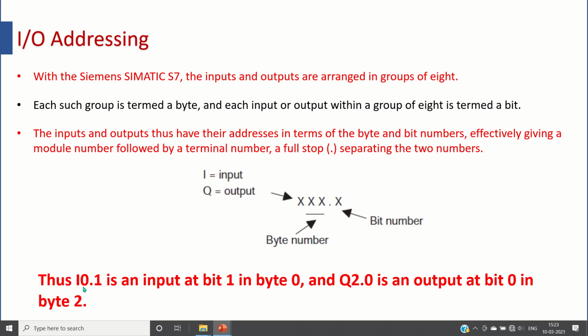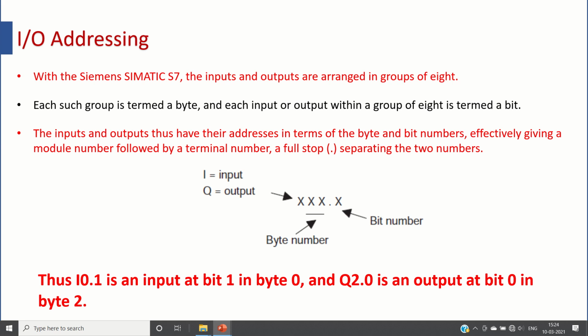If I take I 0.1, that means I stands for input, and output is denoted by Q. Here the input is bit 1 in byte 0. Byte 0 means it is actually the module number. And for Q2.0, it is an output. The output bit number is 0 and the byte number is 2. Likewise, the addressing is done properly in any PLC by any manufacturer.